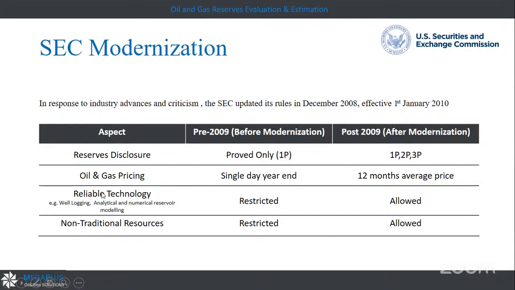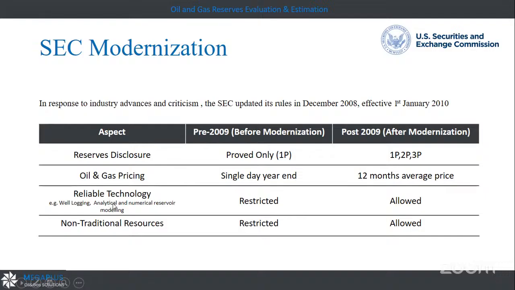For pricing, they depended on the single-day year-end price. They looked at the price on the 31st of December, as an example, the last day, and used this price to evaluate the reserves. This is not accurate and does not support transparency, because we can adjust this price. But now it's a 12-month average price.